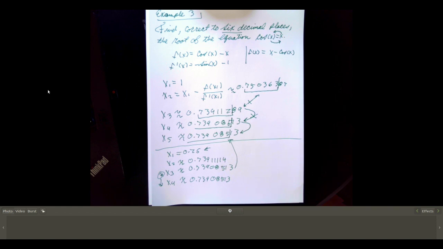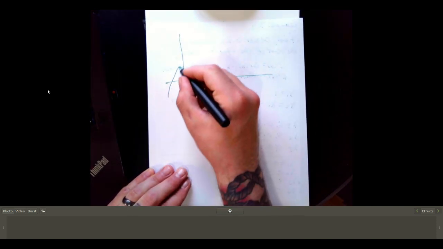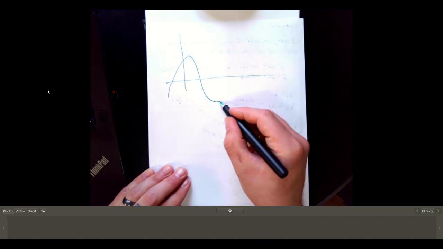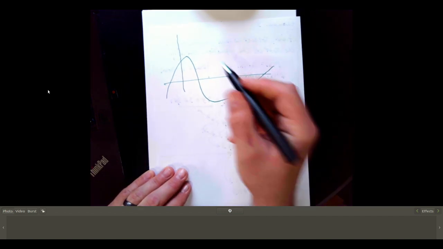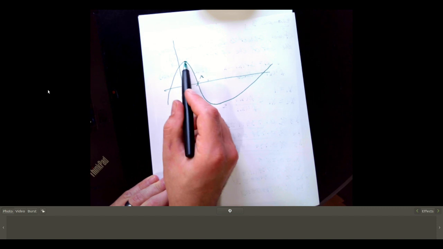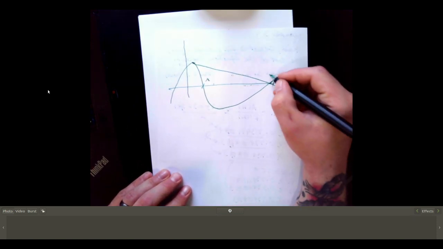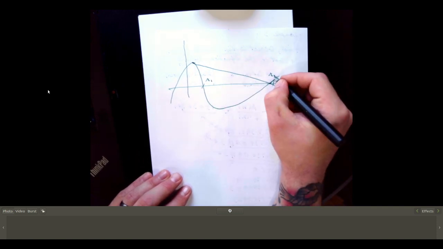So how good your guess is ultimately dictates how good Newton's method is. It is very possible that you're trying to find this root right here, and if you make an initial guess, it can shoot you off and give you a different root, root 1, root 2.